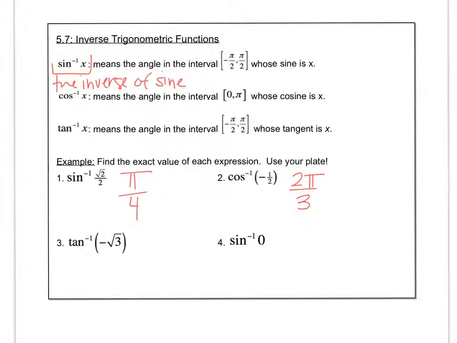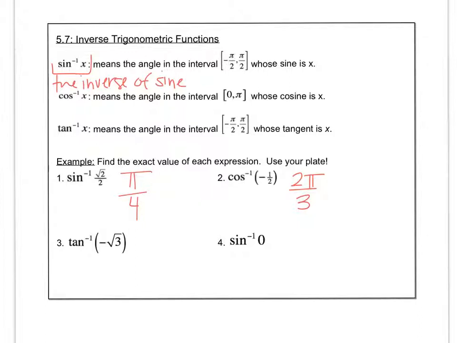Tangent is negative in the fourth quadrant, yes? So if you find where it's negative in the fourth quadrant, it's here, which is technically 5 pi over 3 on your plate, but we want the negative. So if we just went from 0 and went negative, it would be negative pi over 3.